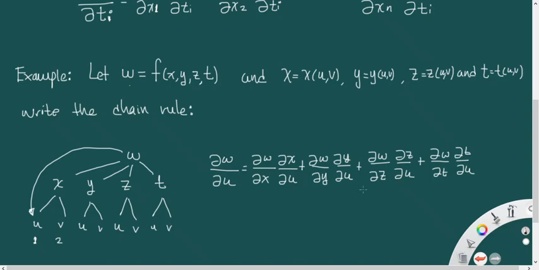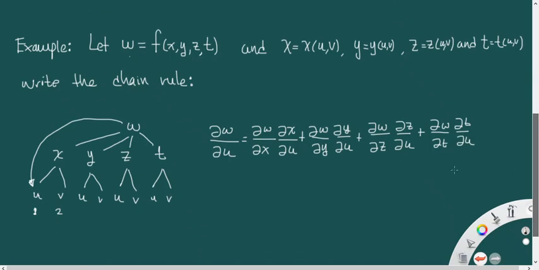And now you can do all the differentiation for each one of these terms, make the products, and make the sums, and you will have the differentiation of w with respect to u. And in the other way, we have this w all the way down to v. So that's going to be the partial derivative of w with respect to v.